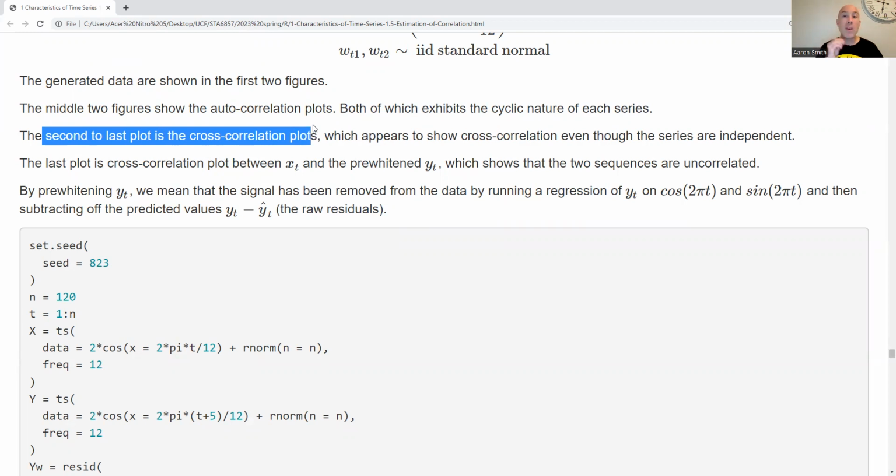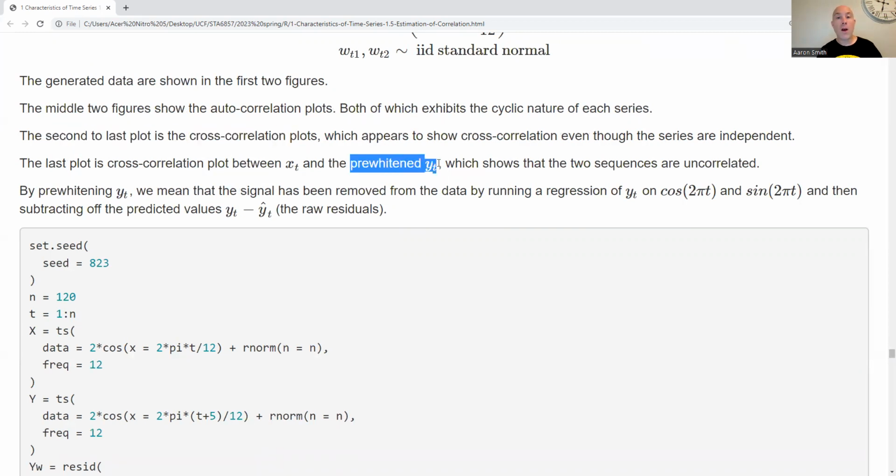We know they're independent because we created them, we built it. The last plot, the important one for this example, is the pre-whitened version of y sub t, and we're going to run the cross-correlation. We're going to see that the two series are actually uncorrelated, even though it looked like they were at first glance.